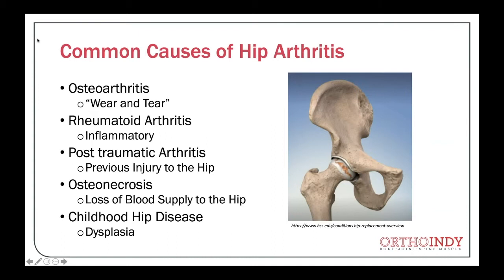Osteonecrosis just refers to the loss of blood supply to the hip. This can be seen with certain conditions, such as in patients with sickle cell disease or that are on long-term steroid use. And then lastly, childhood or congenital hip disease, most commonly hip dysplasia, can also lead to hip arthritis.